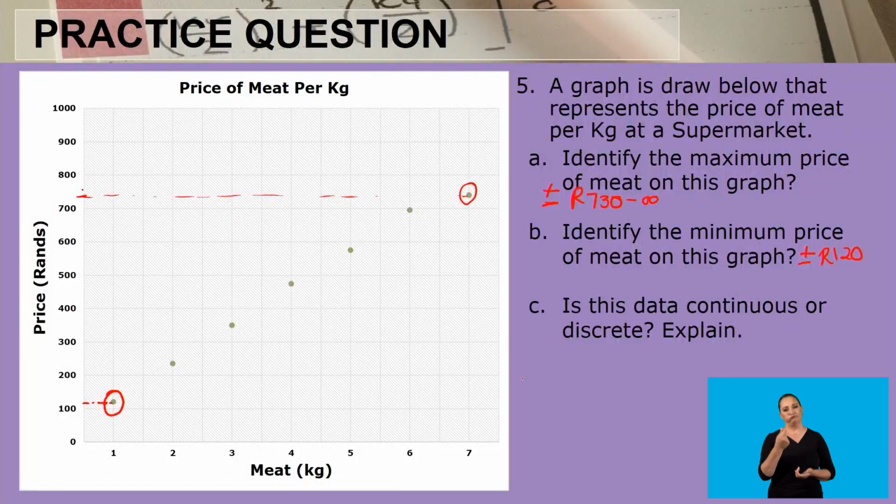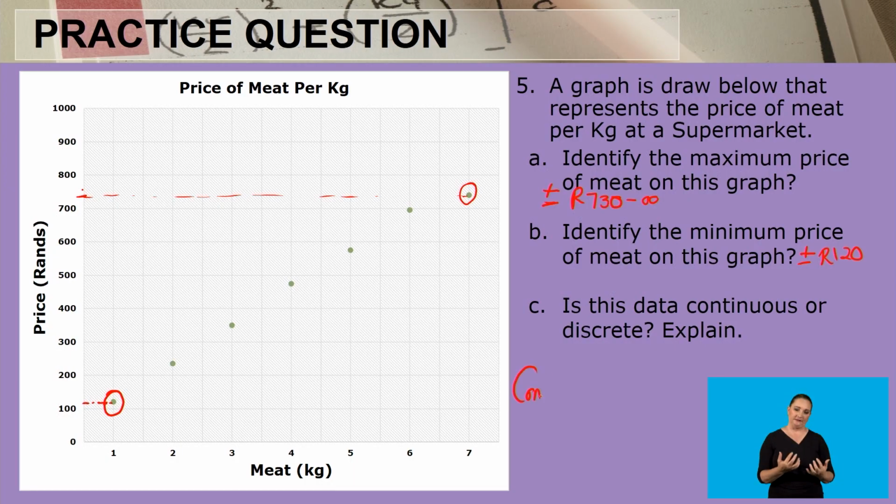So when we are looking at the kgs of meat, can they be a fraction, or must they only be whole numbers? Of course, kgs of meat can be fractions, which means that someone can purchase 3.5 kgs of meat, and they will be given that price for that meat. So this data is indeed continuous.